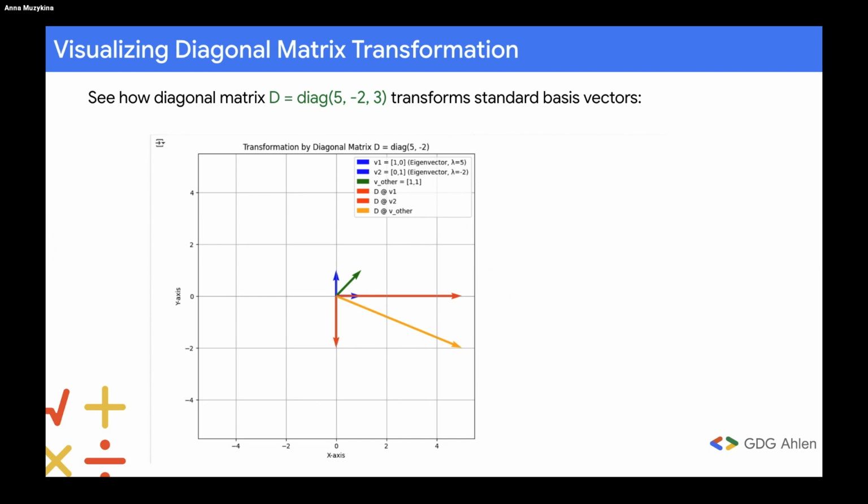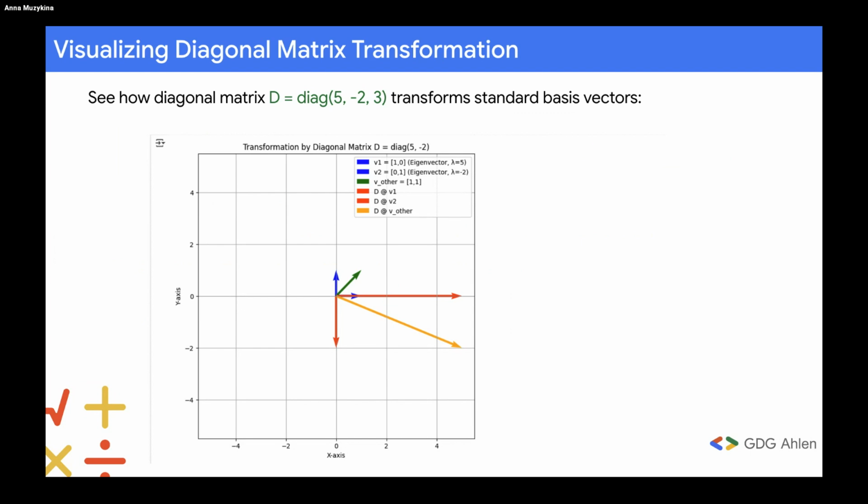Its eigenvalue. The second basis vector, v2_std, which is 0, 1, is the blue arrow along the positive y-axis. It transformed into Dv2, which equals 0, -2.